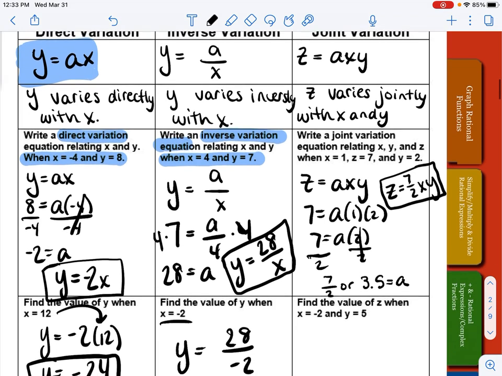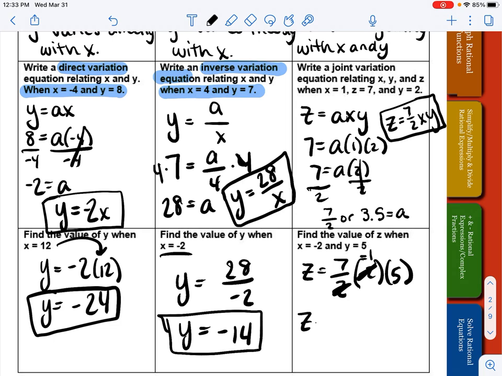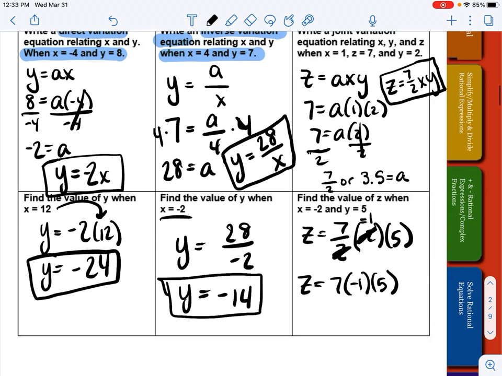All right, and then find the value of z when x is negative 2 and y is 5. We just plug that in to find z. I'm going to go ahead and reduce my 2 and my over 2. It was a negative 2, so it becomes negative 1. So we get z equals 7 times negative 1 times 5, or z equals negative 35.